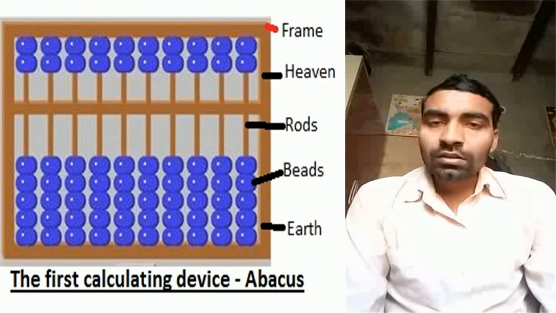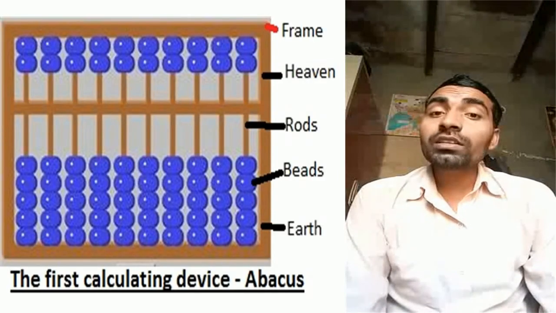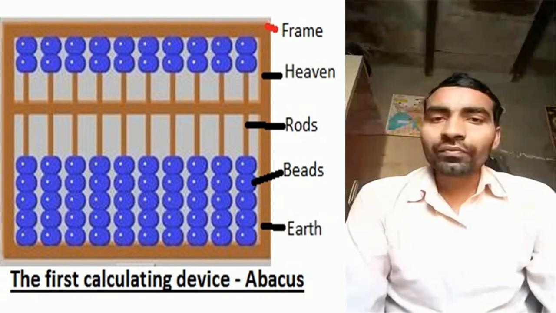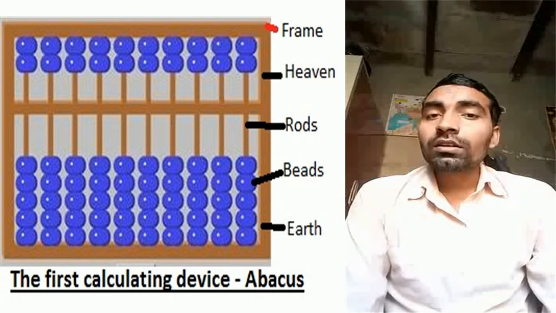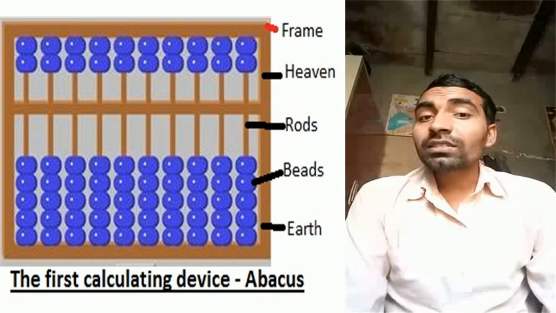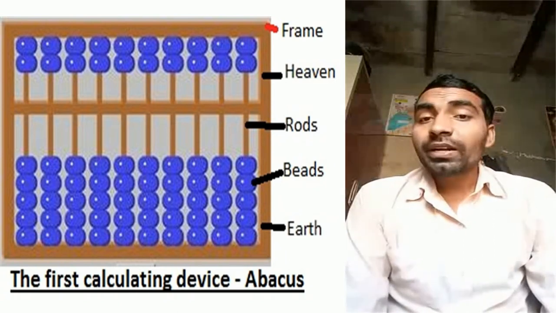So if we start the history, first of all the history starts from the device named abacus. Abacus was developed in 3000 BC in China. You must have heard the name abacus. It was made up of rods and beads.